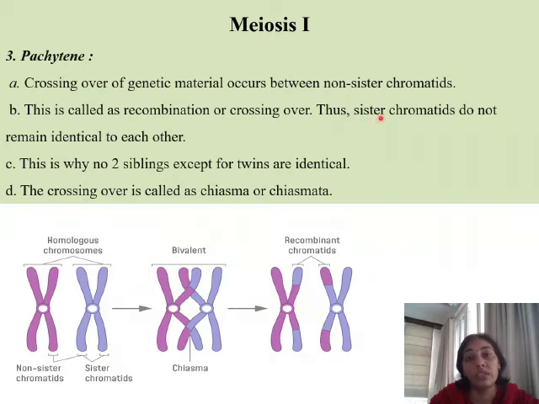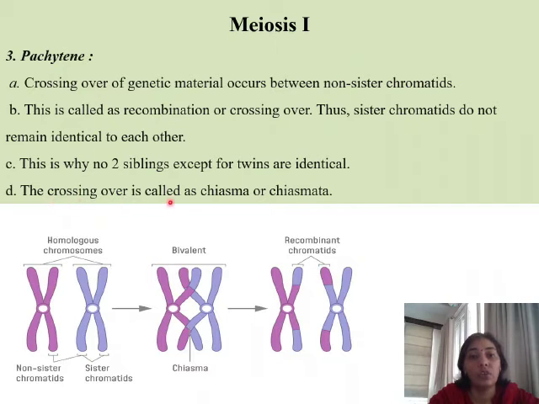As a result, the chromatids will not remain identical to each other. Initially they were exactly identical to one another, but now they are not identical. This is why no two siblings except for twins are identical. So now you understand that due to the exchange of the genetic material, no two individuals except twins are going to be identical.